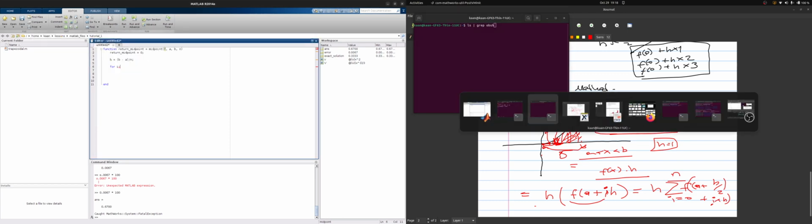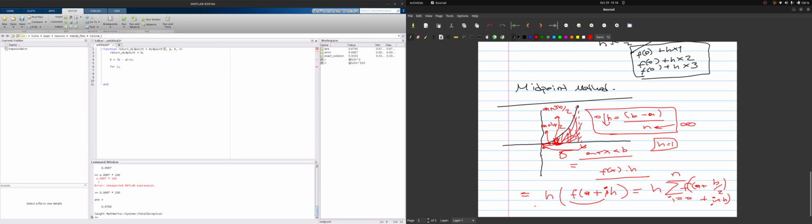What do we mean by that? For example, let's say you go from 0 to 5, you have 5 steps, and for 0 you have this point, for 1 you have this point, for 2 you have this point, for 3 you have this point, for 4 you have the last point. So it should go until I equals n minus 1.